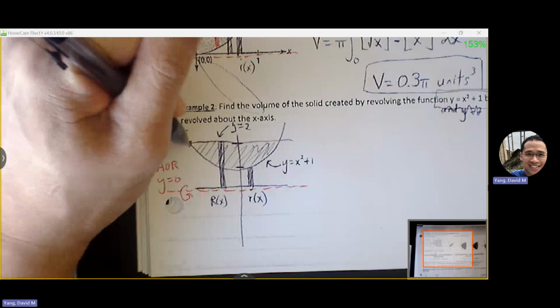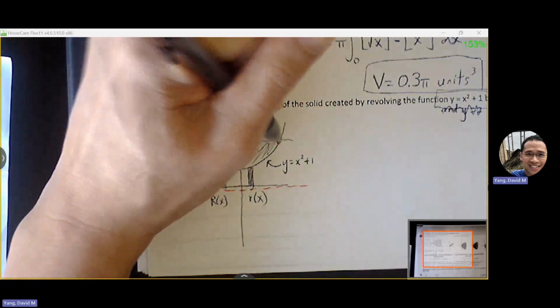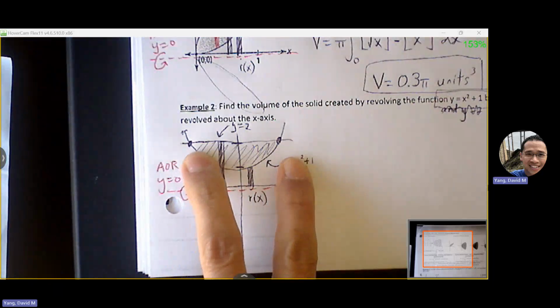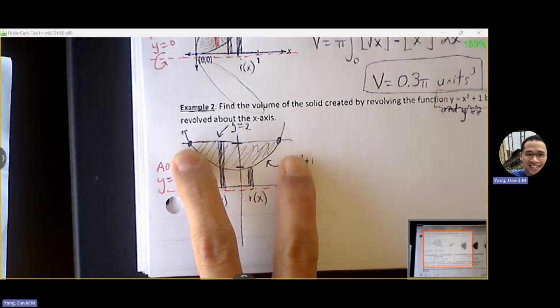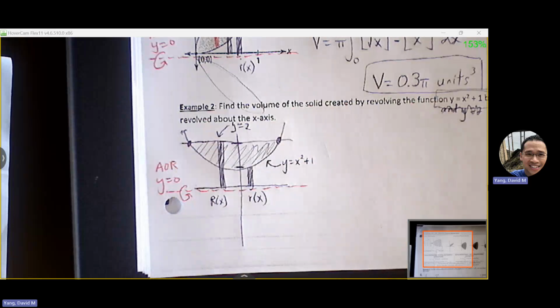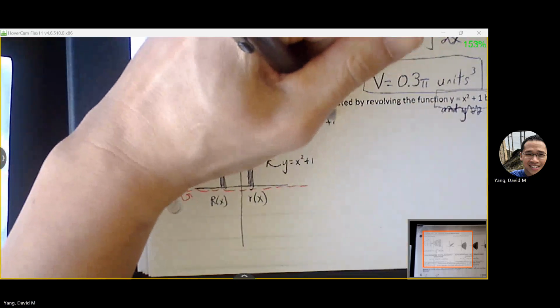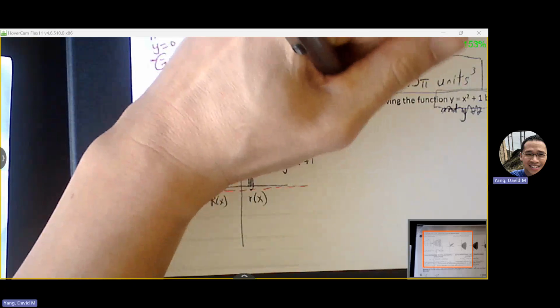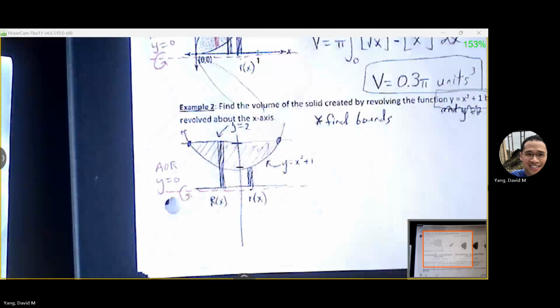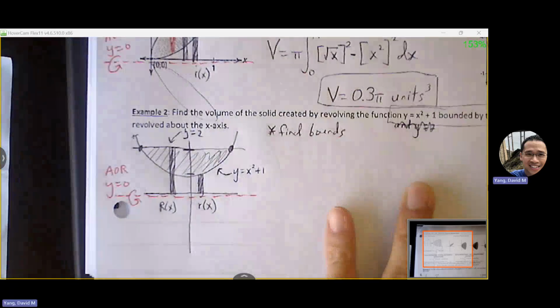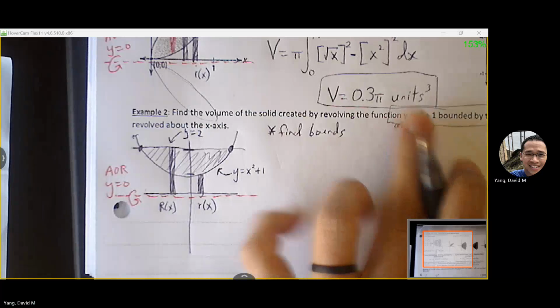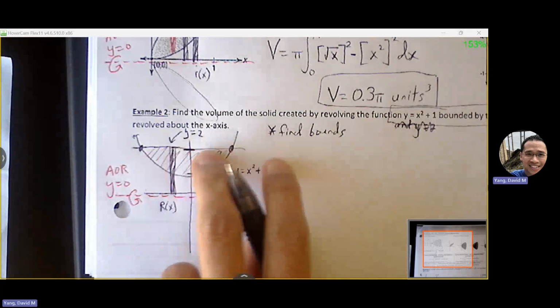And this one requires us to find the boundary on our own because we can't really tell by looking at the graph what these x values are. But we need these x values because these are as far left and as far right as our graph goes. So let's find our bounds. We're going to set the equations equal to each other. So we'll say x squared plus 1 is equal to 2. We'll set the curve equal to the line.